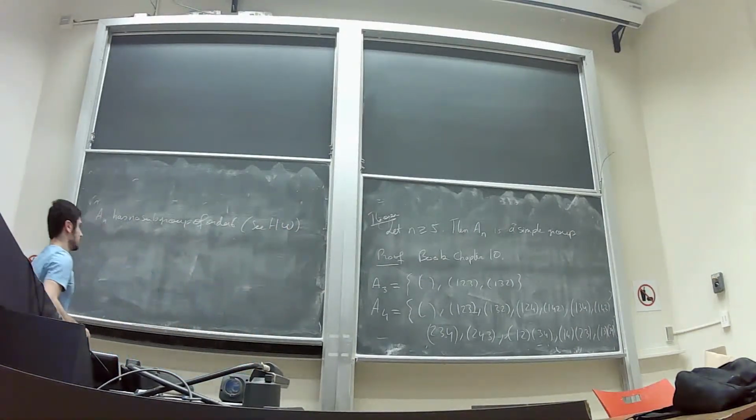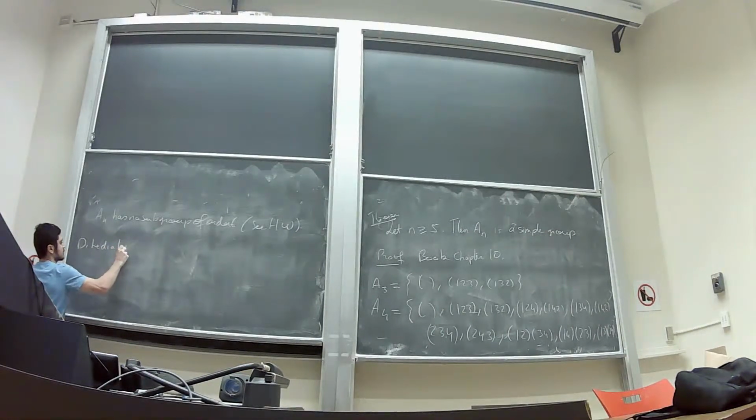Now, that was for the symmetric and alternating groups. Now I'll introduce the dihedral groups. I think I have 5 more minutes. Consider an equilateral triangle.